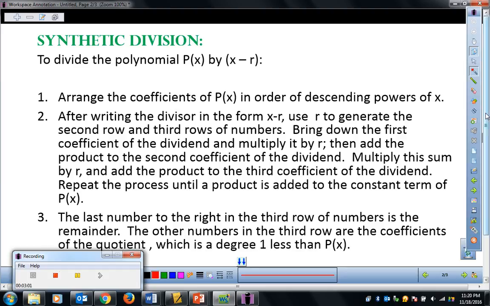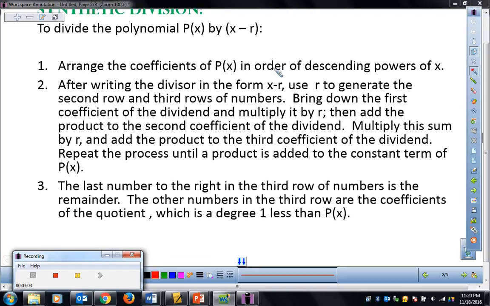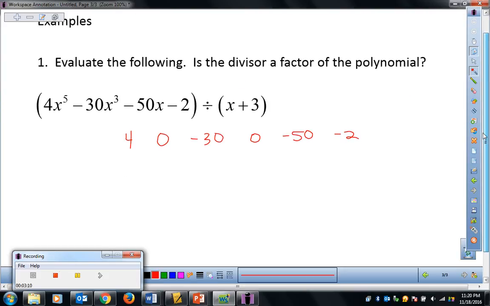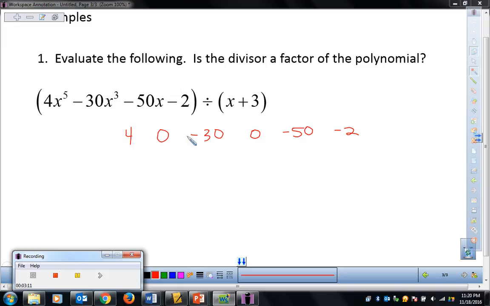What that means is we need to write the divisor in the form x minus r. So we have this binomial, two terms. I don't want the whole binomial, because we've gotten rid of all of the variables from that polynomial. So I want to take this binomial and solve for x. x plus 3 equals 0. x equals negative 3.